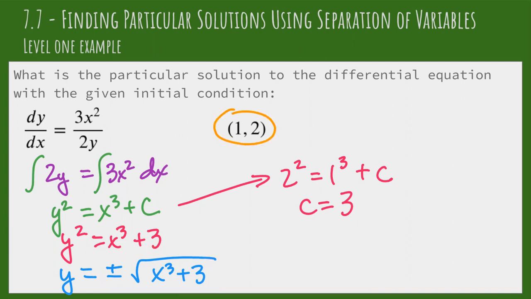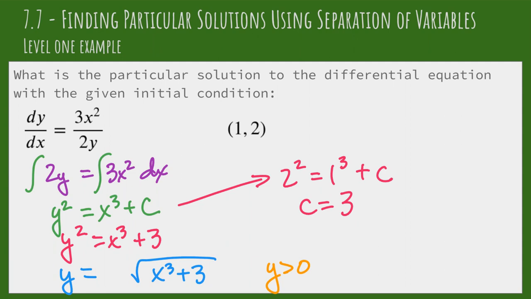And this (1, 2) is actually only on the top half. I know it's on the top half because the y value is positive, so it has to be the positive here. So I'm going to restrict this to only positive y values because I know that the y value here is positive. So we're choosing that branch of the square root, the positive part, not the negative part.